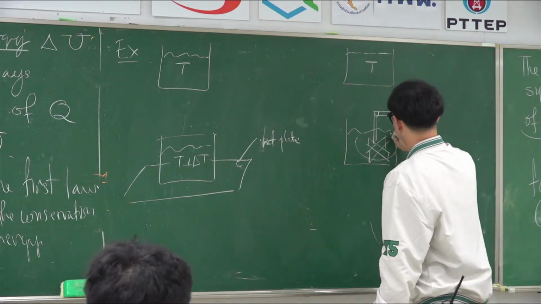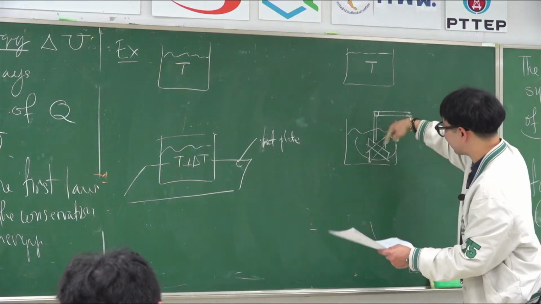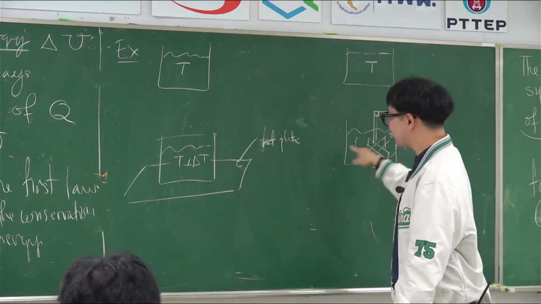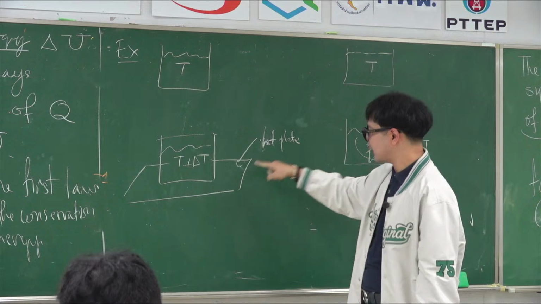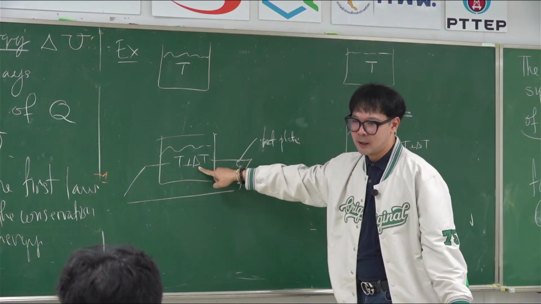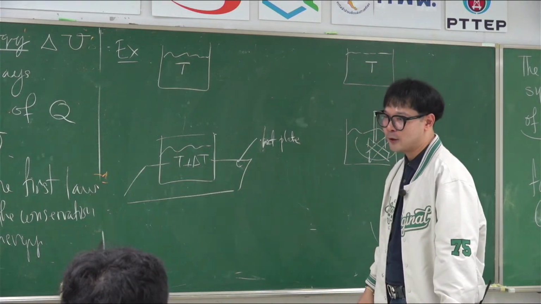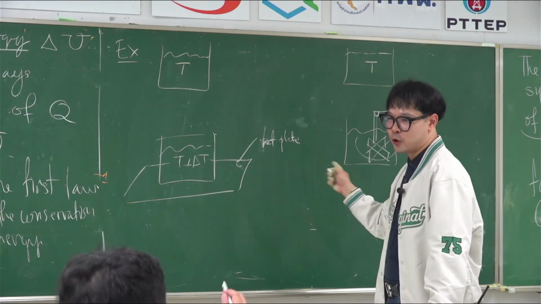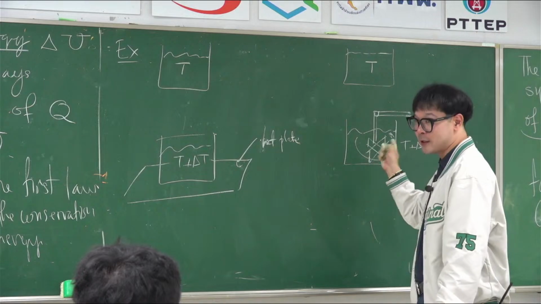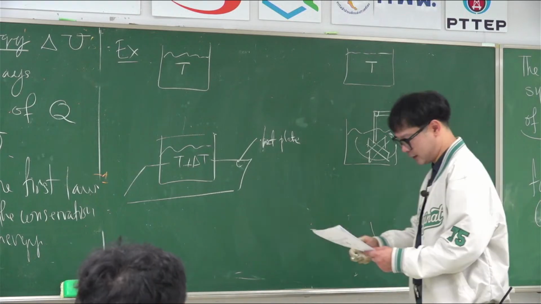I mean, you can mechanically rotate a machine to stir the water until its temperature is increased exactly the same amount. But you see that the process is different. We increase the temperature by delta T, but when your system reaches T plus delta T, you cannot trace back which technique you used to add this delta T. This is the property that we mentioned last time, right? The history of the process is not relevant. Okay.